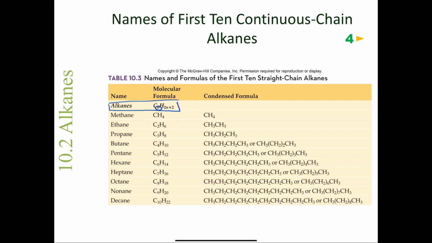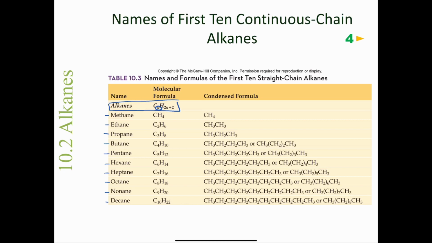So when it's 1 carbon, we would have 1 times 2 plus 2, which would give us 4. So CH4 is methane. And then from there we have ethane, propane, butane, pentane, hexane, heptane, octane, nonane, and decane. And you must memorize all of these.